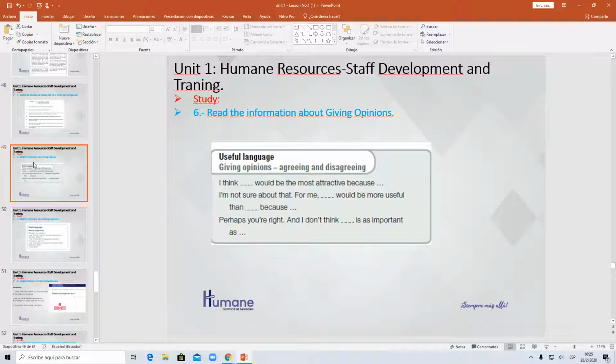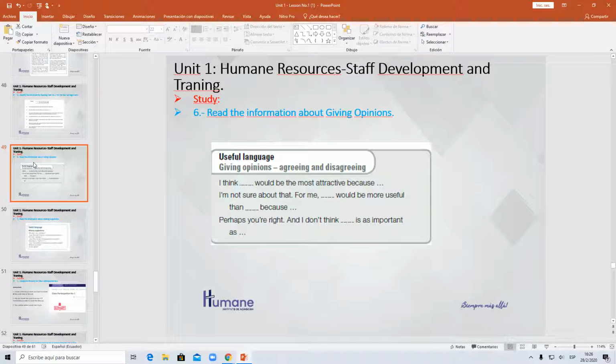For example, I think that training in a company would be the most attractive because it allows employees to boost their competences. So in this example that I gave, I use those terms. So try to include these terms while you're speaking in the activities where you have to give your opinions, because in that way you can give extra detail and extra information that will support your main idea.